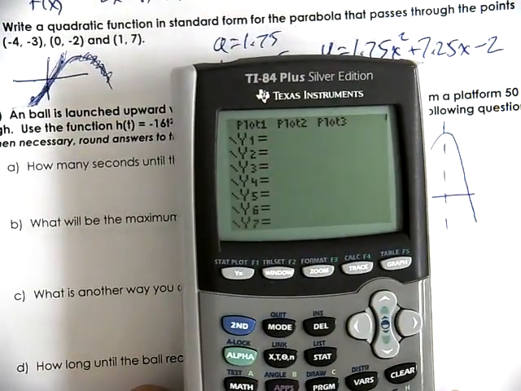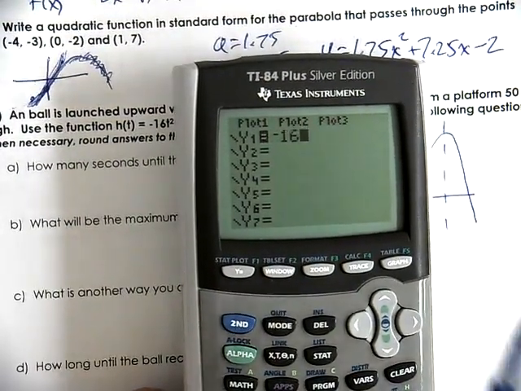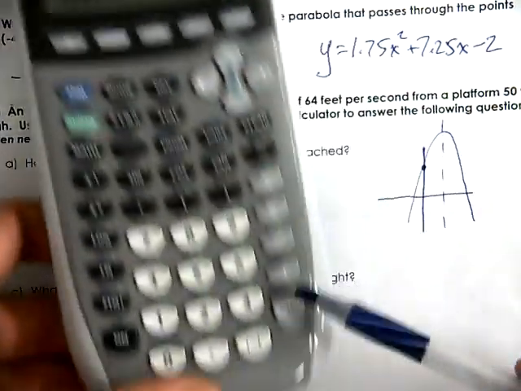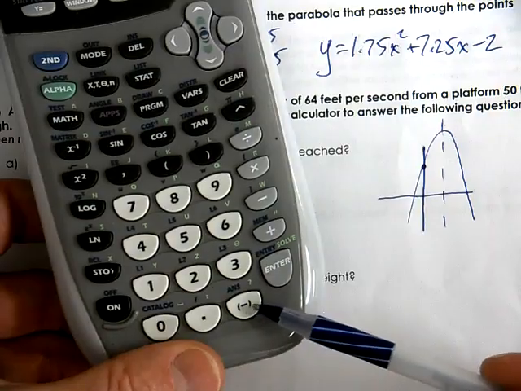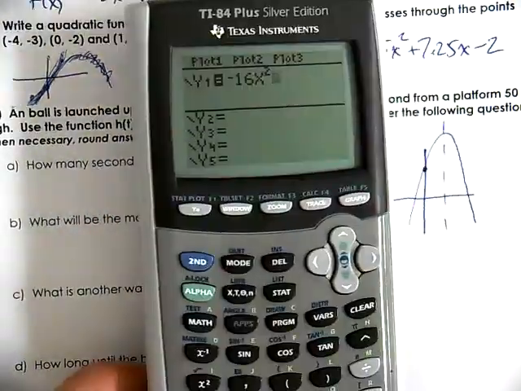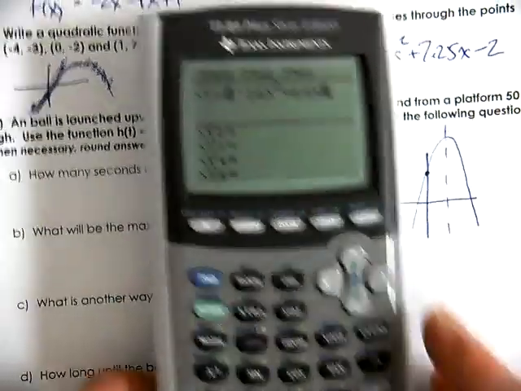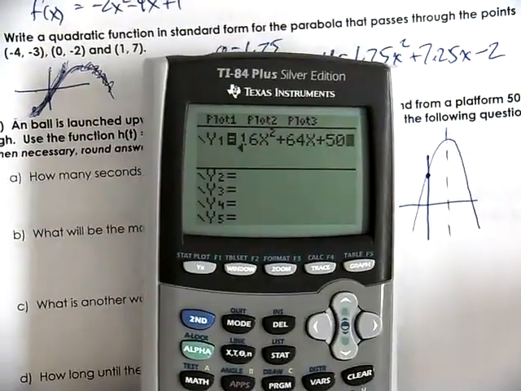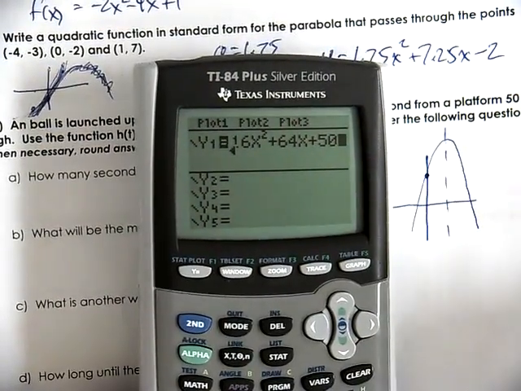So I'm going to go to y equals and type in our equation, negative 16x squared plus 64x plus 50. Notice I'm typing in x because that's all the calculator is going to do.